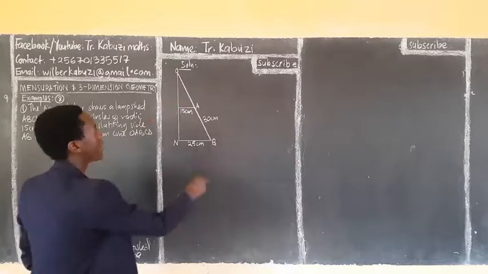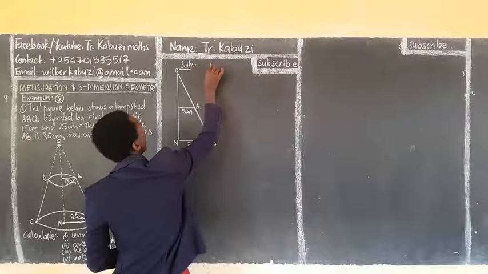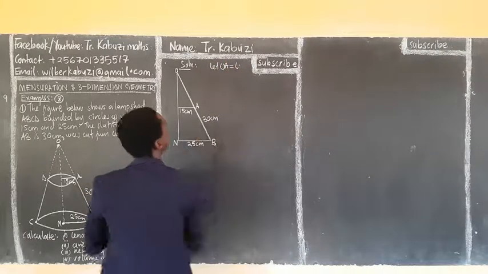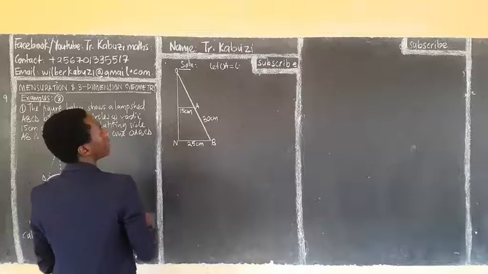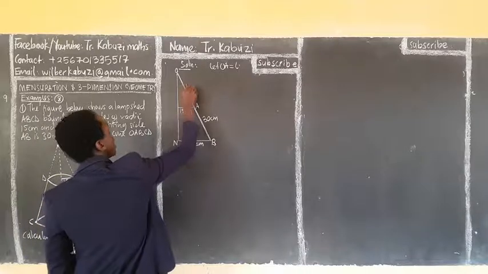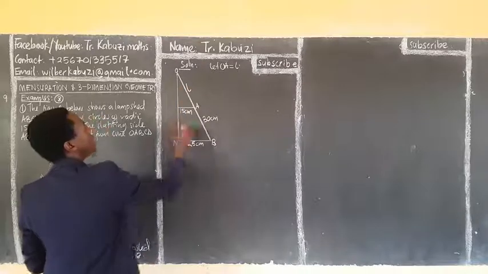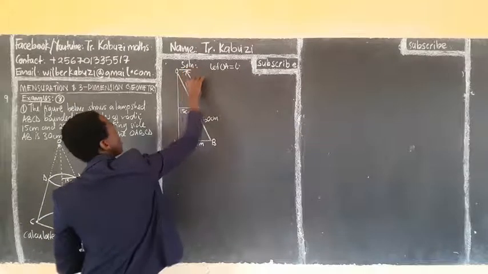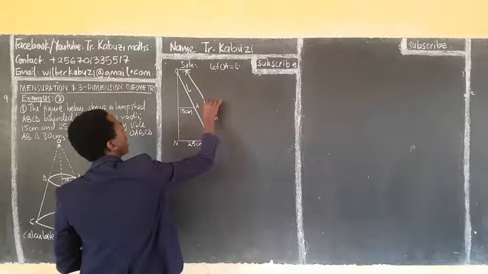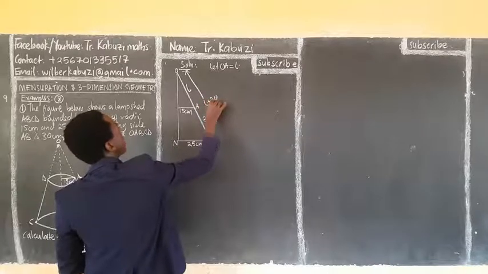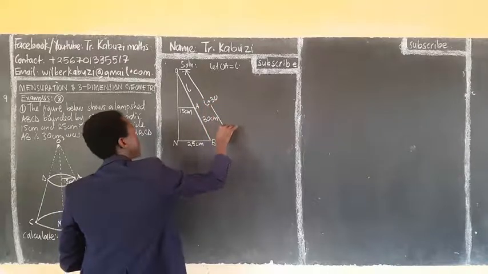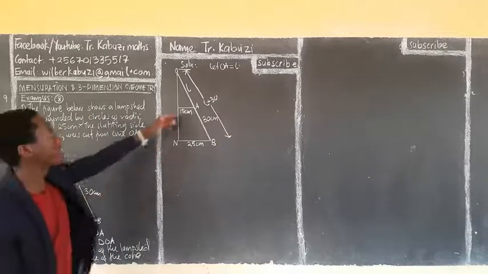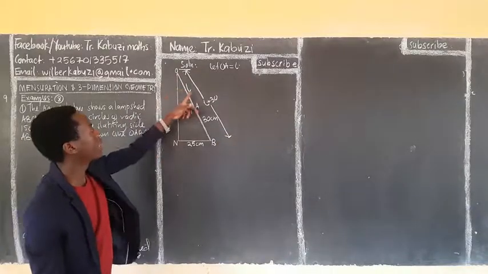Let OA be L. So if this is L, the big slanting side, the whole of this up here, is going to be L plus 30.